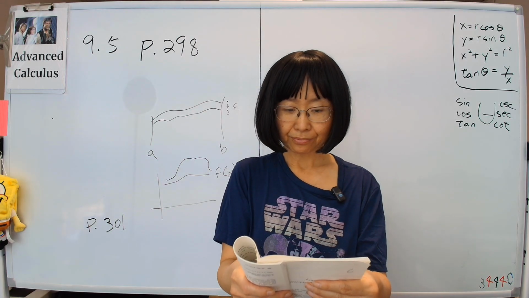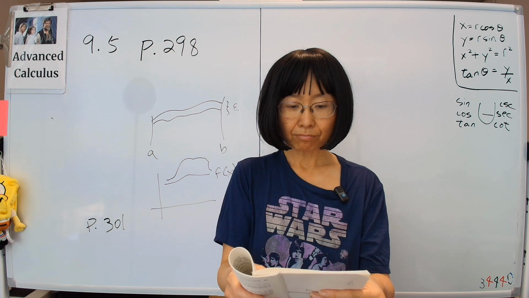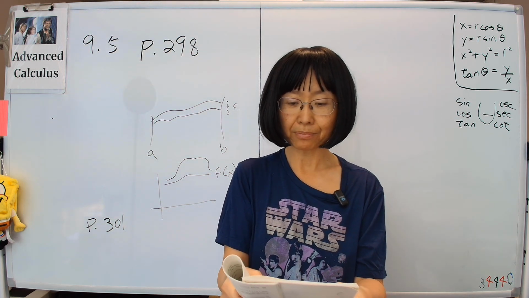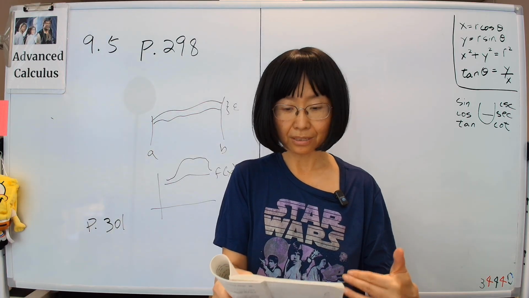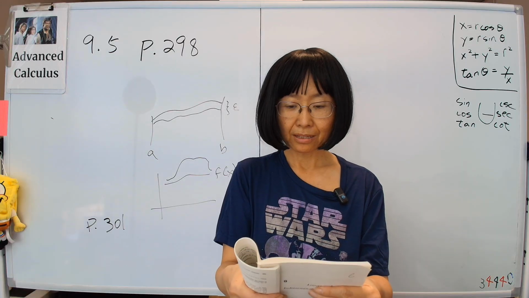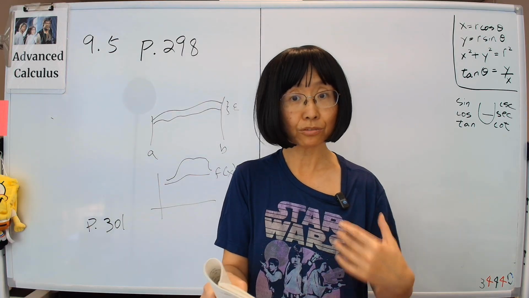Now, this example also shows the limitations of theorem 11. Even though this series does converge uniformly, it is not possible to use the Weierstrass test to test it, okay?